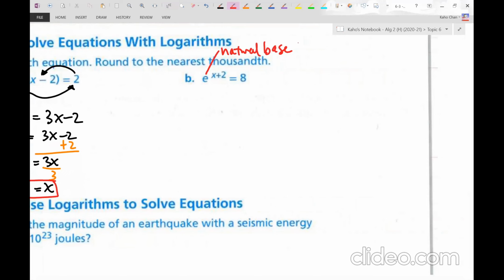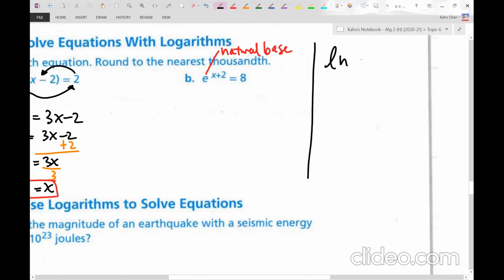I'm going to give you similar identities right here. The natural log of e to the x equals x, because these guys are inverses of one another. Here's another one. e to the natural log of x also is equal to x.